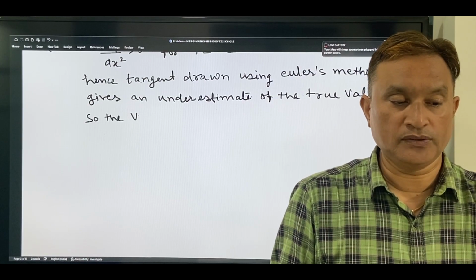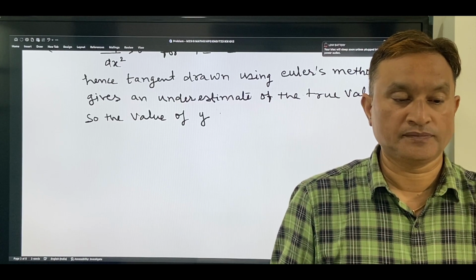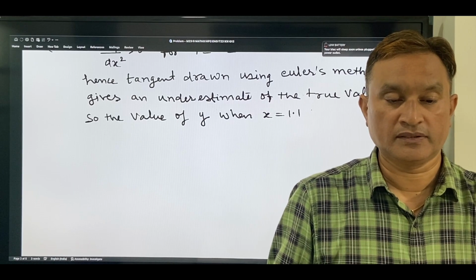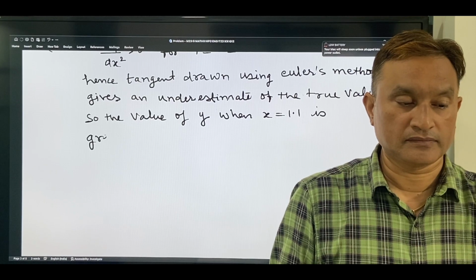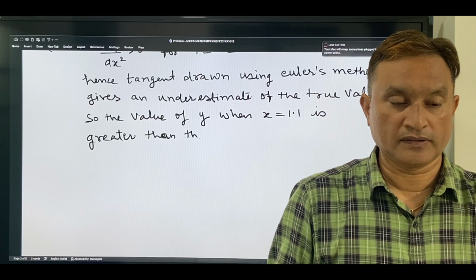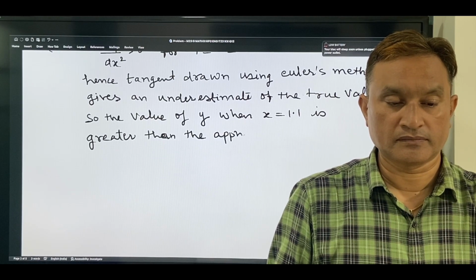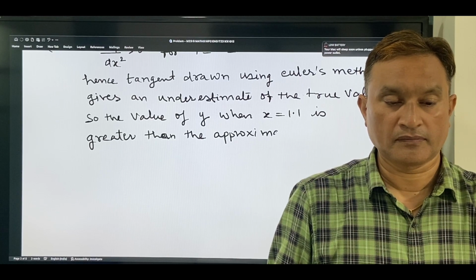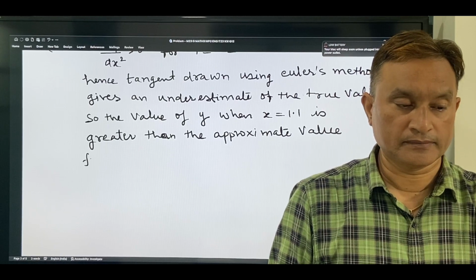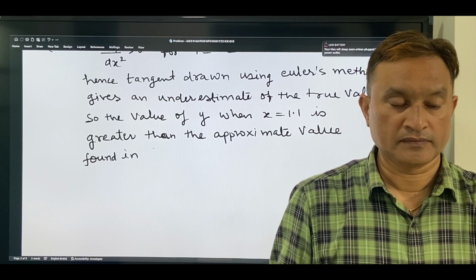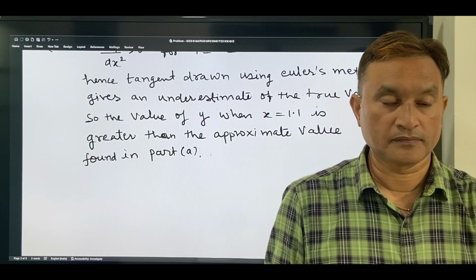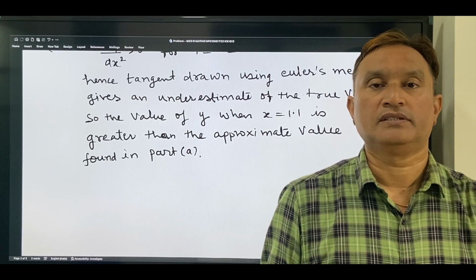So the value of y when x equals to 1.1 is greater than the approximate value found in part A. So this is the solution of D part. Now we will proceed to E part.